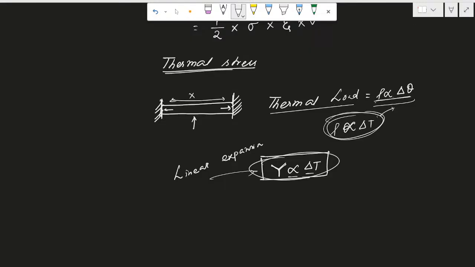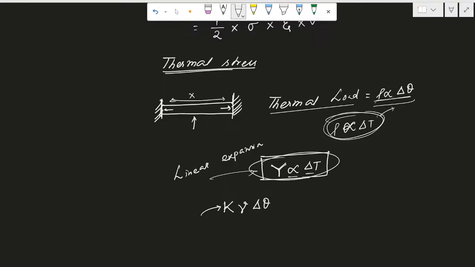Now what is the thermal stress when you have bulk expansion, with bulk modulus of elasticity, that means volumetric expansion? Then the thermal stress in volumetric expansion should be K gamma into delta theta.